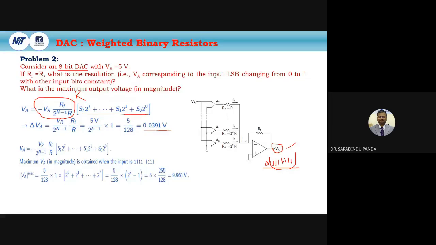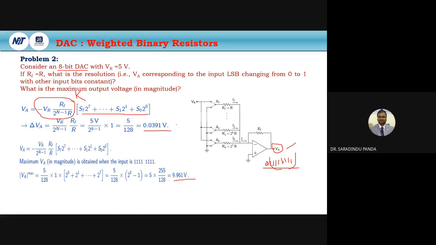For this reason, we can write this 5 by 128 into VR, no, sorry, 1 kilo ohm resistance. This is RF by R. Very simple, RF by R is a unit gain amplifier, so RF by R is equal to 1. Then we will put S0 to S7 as 1. Then we will get 2 to the power 0 plus 2 to the power 1 plus up to 2 to the power 7. So then this is the final output voltage.